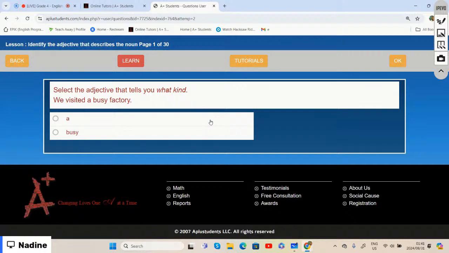Is it A or is it busy? It says we visited a busy factory. We visited a busy factory. We need to select the adjective that tells you what kind.